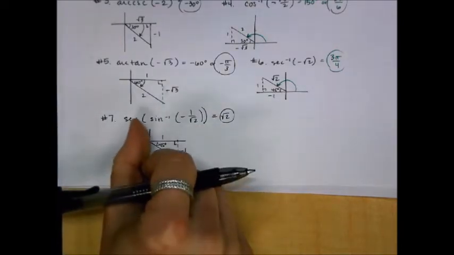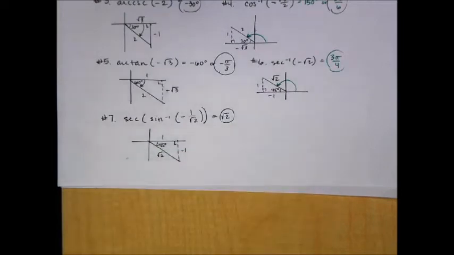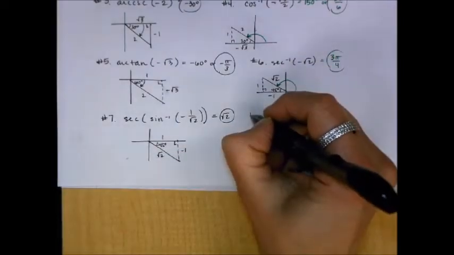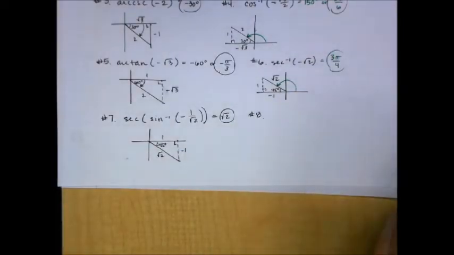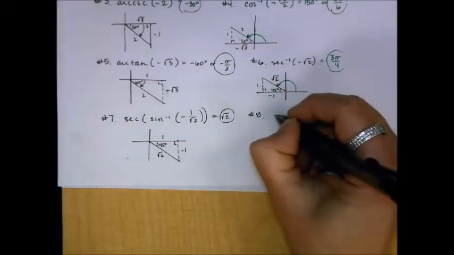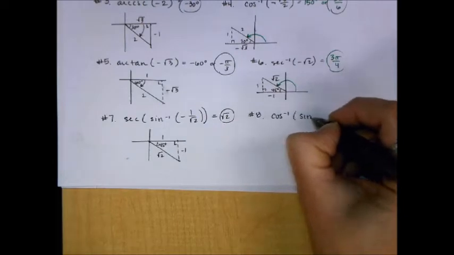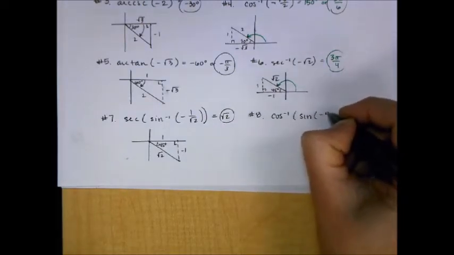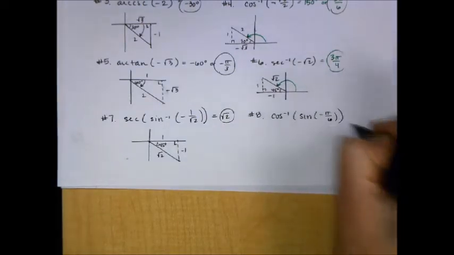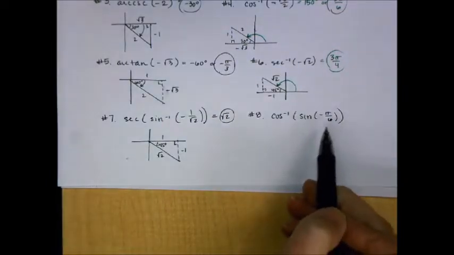All right, so let's try another one of these. Inverse cosine of sine of -π/6. So this is a little bit different. I'm going to start on the inside here with sine at -π/6. So this is not evaluating an inverse trig function first.